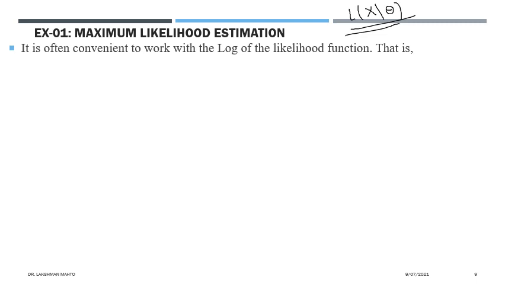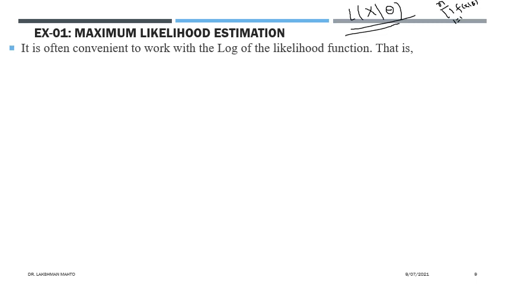The likelihood function is dealing with a product. If you go by individual observation, it is defined as a product of f of xi given theta over the individual observations. When you apply calculus, differentiation or integration, and you have a product kind of function, it is not always good to proceed with.